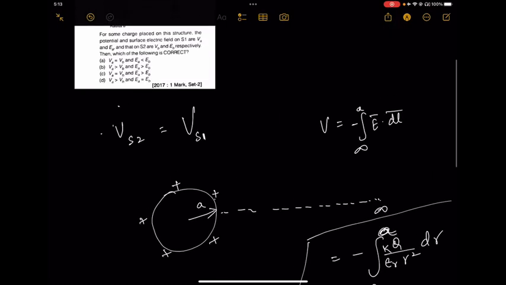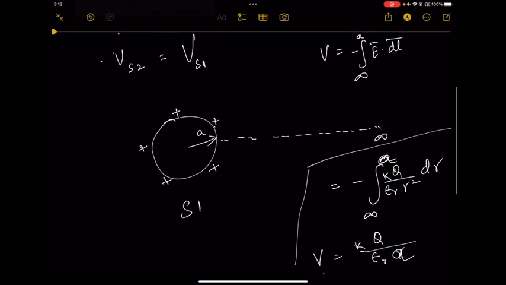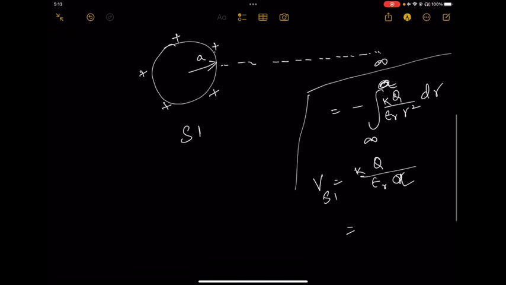If you call this S1, sphere 1, Vs1 will be like this, where K is 1 by 4 pi epsilon naught, so Q by 4 pi epsilon naught A.